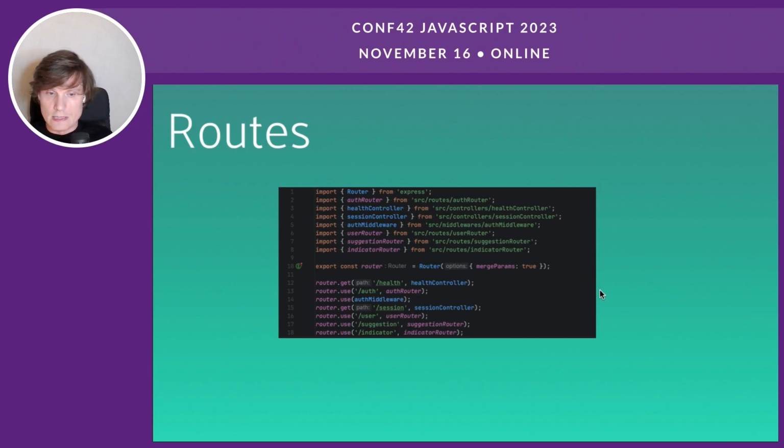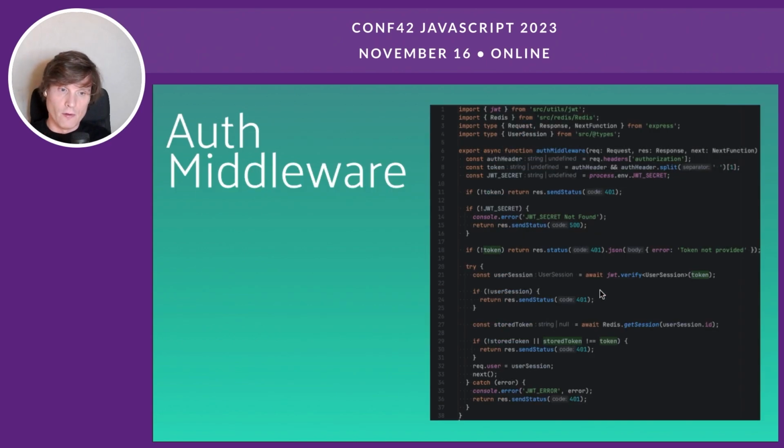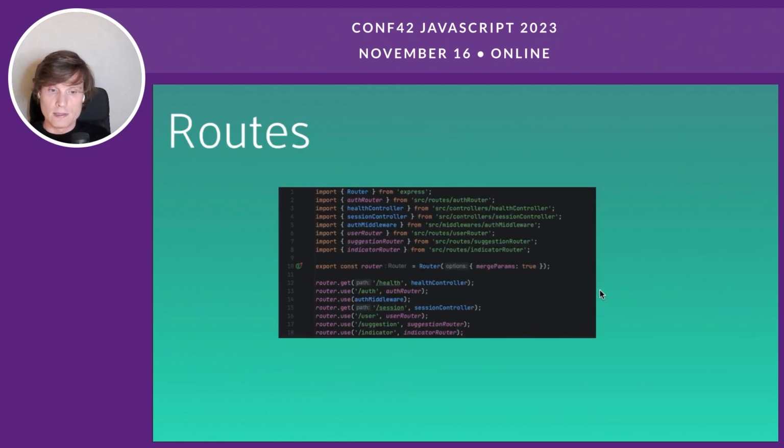As I said, we deal with our authentication router, and we're using the auth middleware, where we have all of these checks in order to provide us the data about the user. Of course, we can have access to the session in order to get all the data regarding the user, and you can see in the end that we're able to get the suggestions by /suggestion, and by /indicator we are able to update our indicators depending on the user.